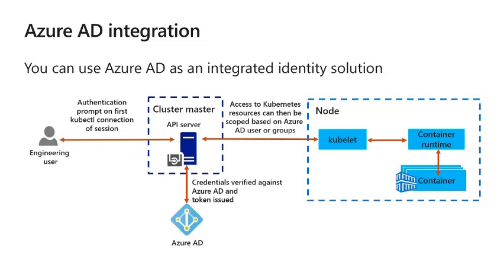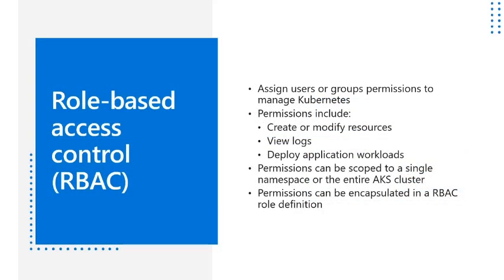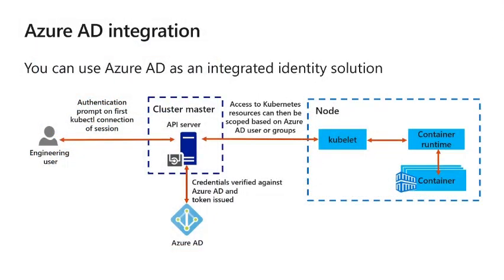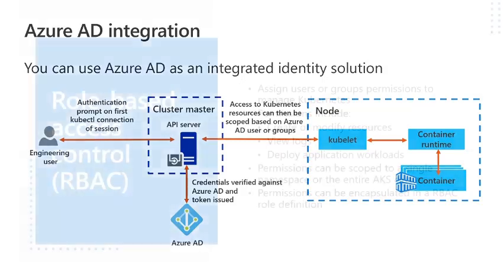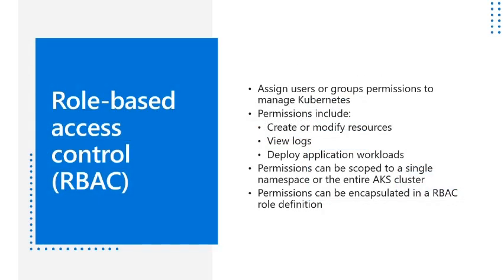Next is role-based access control. So the first one was Azure AD integration, that is for user accounts. Next is role-based access control. Assign users or groups permissions to manage Kubernetes. These permissions include create or modify resources, view logs, deploy application workloads.